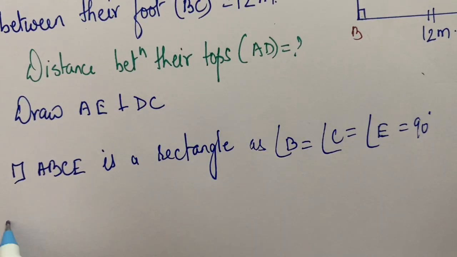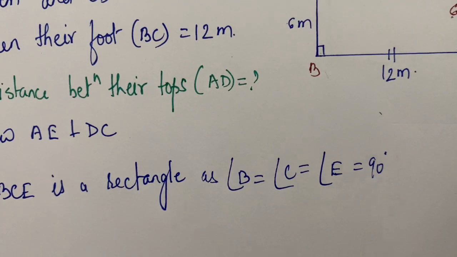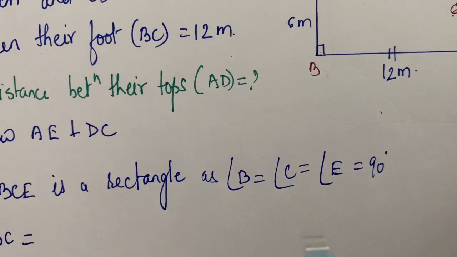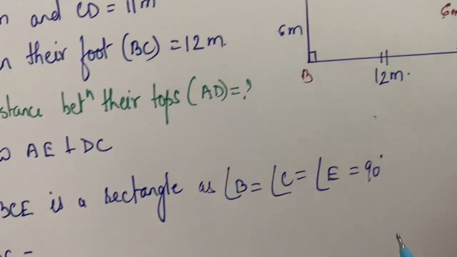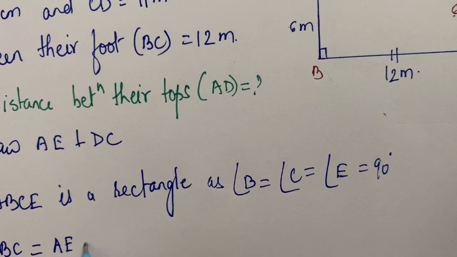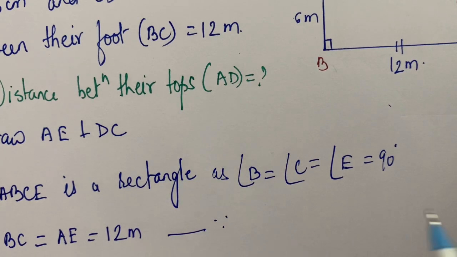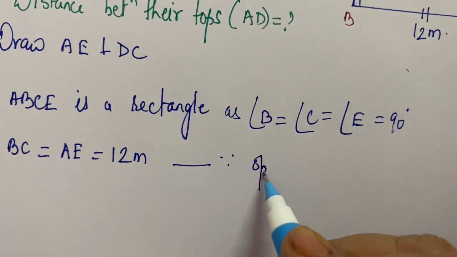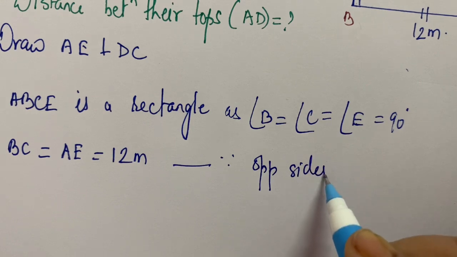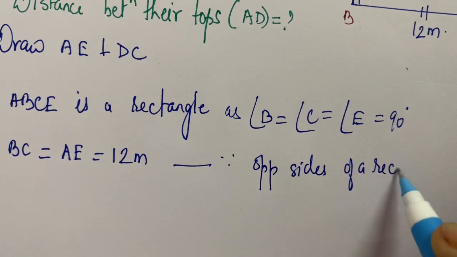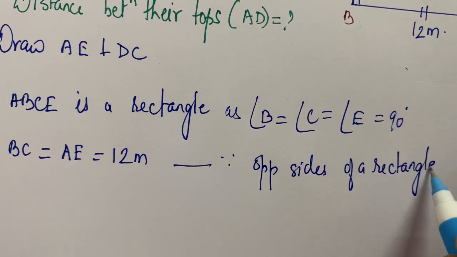Fine. Therefore, BC will be equal to AE. That will be equal to 12 meter, since opposite sides of a rectangle are congruent.